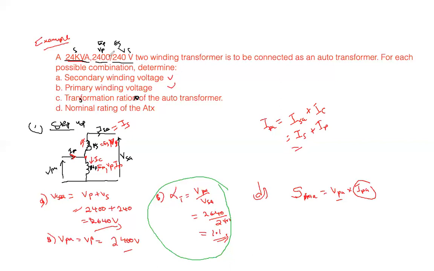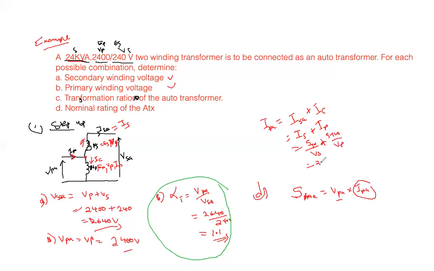But what is IS? I go to this one. IS is equal to the apparent power divided by the secondary winding voltage. So it's equal to S of the two-winding transformer divided by VS, plus S of the two-winding transformer divided by VP.